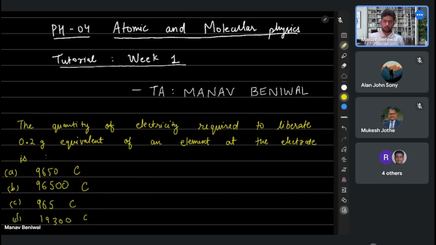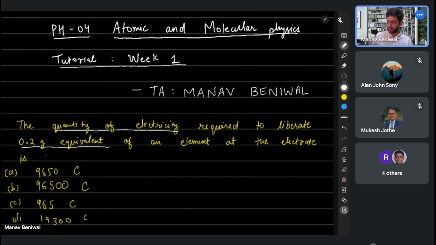Okay, so the question states that we are required to find out the quantity of electricity. So what do we need to find? Quantity of electricity. For what purpose? That it has to liberate 0.2 gram equivalent of an element at the electrode.